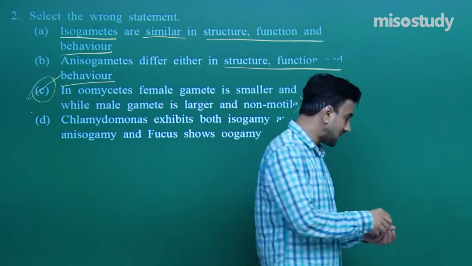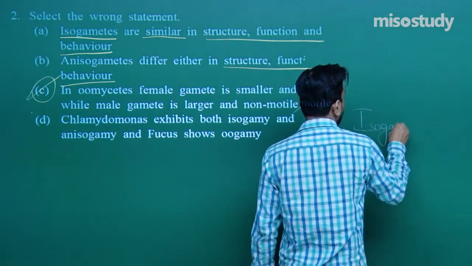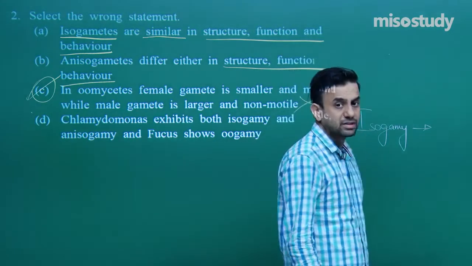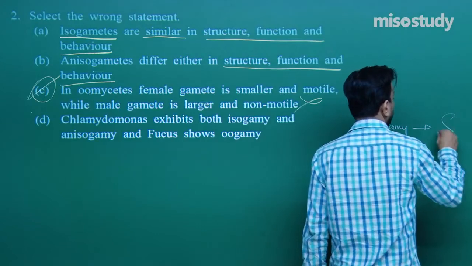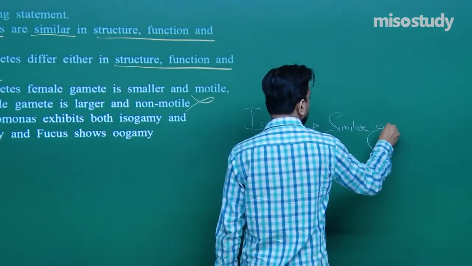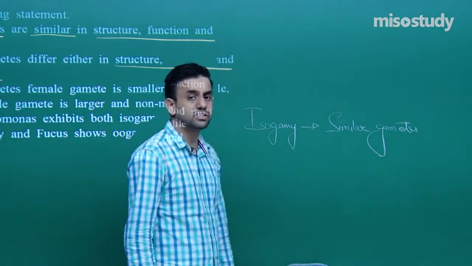There are three types of conditions. Isogamy, as I told you, is similar gametes.